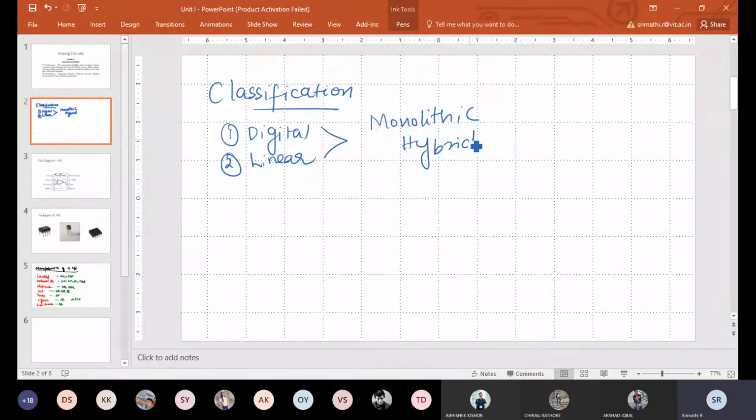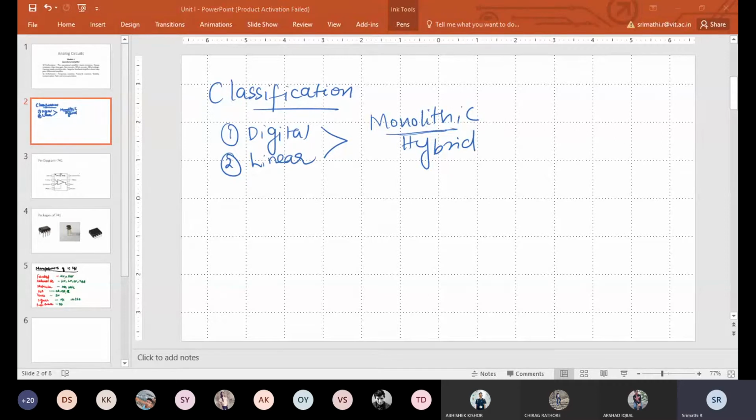In a monolithic integrated circuit, all the circuit components, both active and passive elements, and the interconnections are manufactured into or on top of a single silicon chip.